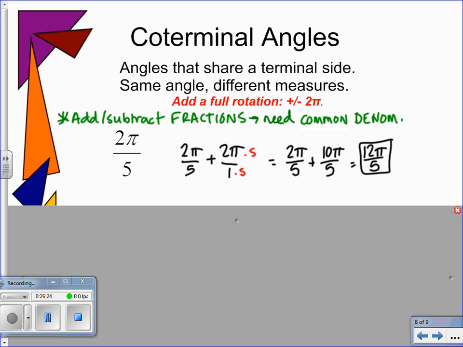To get one negative coterminal angle, subtract 2 pi. So I can go back and say 2 pi over 5 minus 2 pi. But then I need common denominators, so that's really 2 pi over 5 minus 10 pi over 5. And that gets me negative 8 pi over 5.